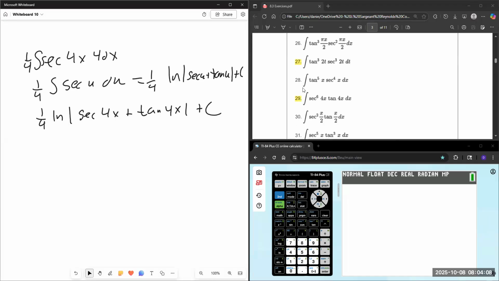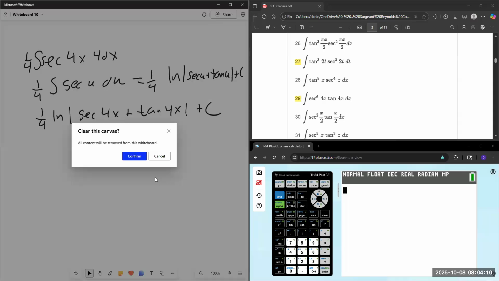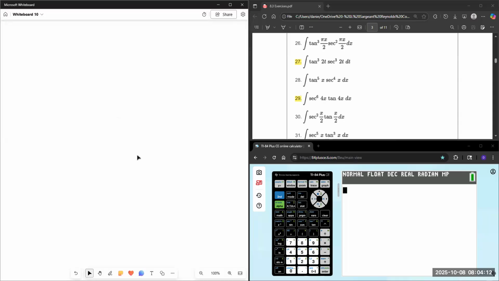Moving on now to number 27. Integral tangent cubed 2t, secant cubed 2t dt. So I'm going to hold a secant tangent and change everything into secants.